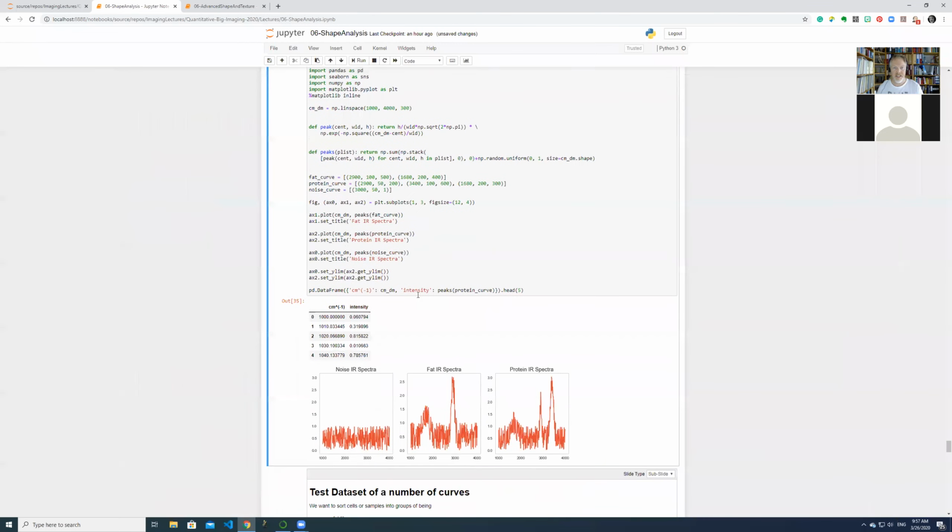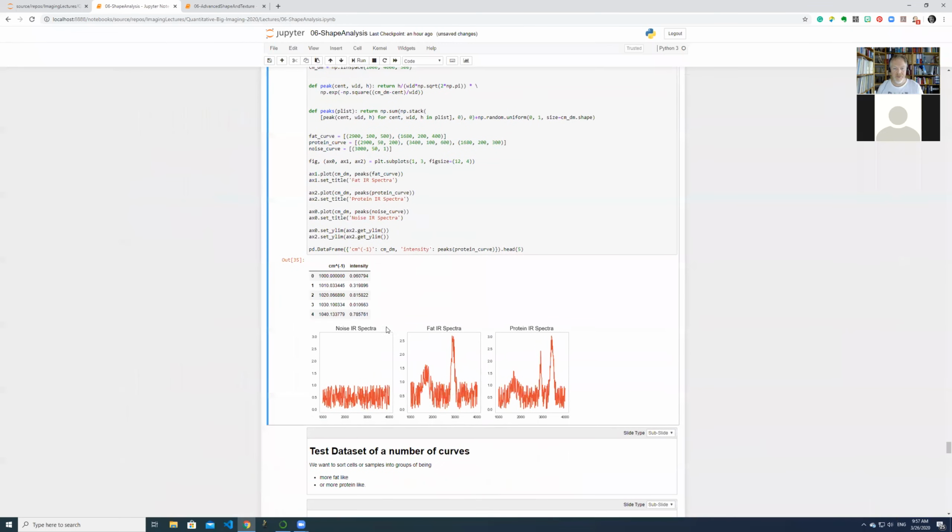I think I need to stay in this mode for a little while now. Looking at the protein curve, you can see here the x-axis, the intensity at these points. So we start out on this side. You can just see that it's a lot of noise here to begin with. The noise is also just noisy, and then we have the fat spectrum and we have the protein spectrum.